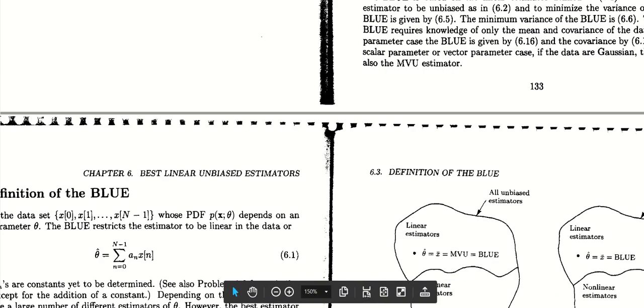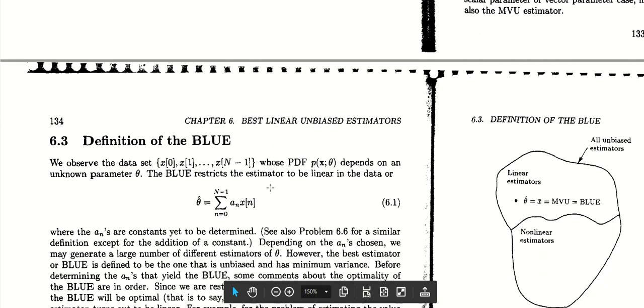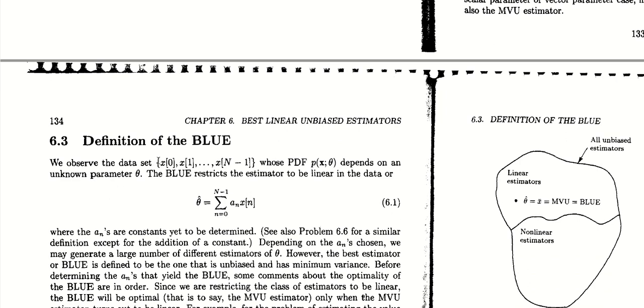All right, let's take a more detailed look. We observe the data set x0, x1 all the way to x N minus 1, and the PDF depends on an unknown parameter theta. The BLUE restricts the estimator to be linear in the data, so theta hat equals the summation of a_n x_n. This is the definition of linearity. You multiply coefficients with the data and do the summation.